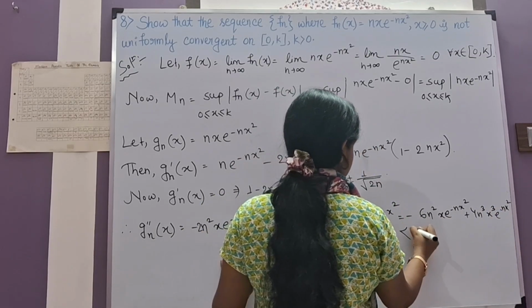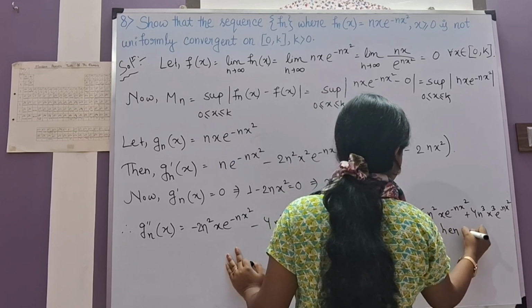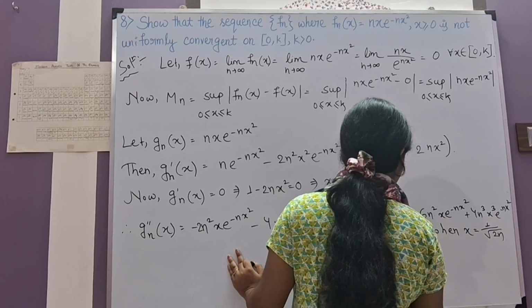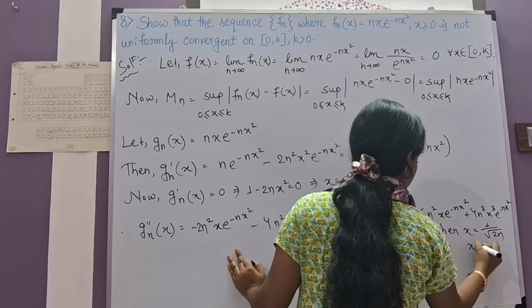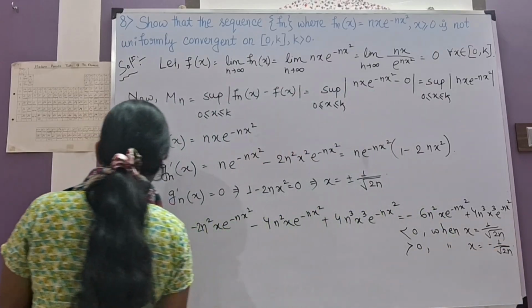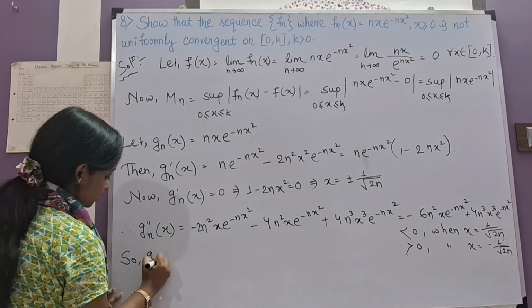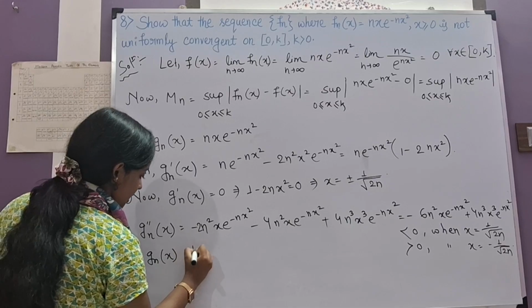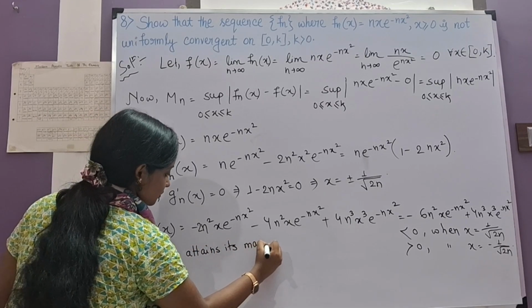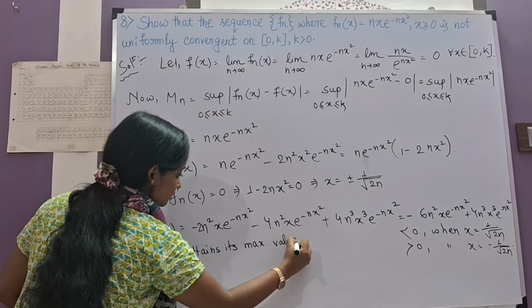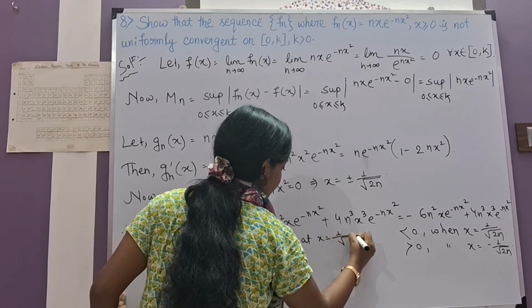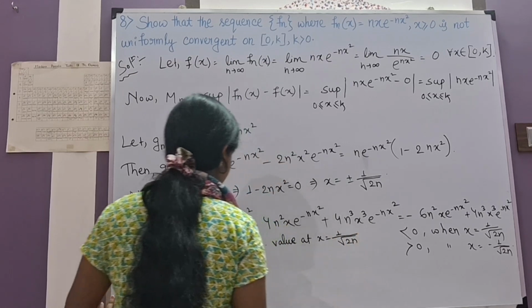So this is less than 0 when x equals 1 by root over 2n and greater than 0 when x equals minus 1 by root over 2n. So gn of x attains its maximum value at x equal to 1 by root over 2n.